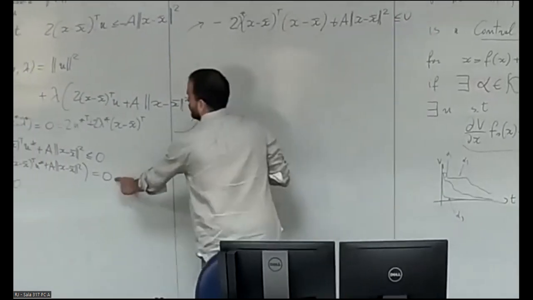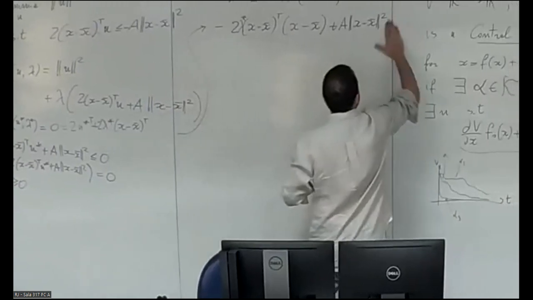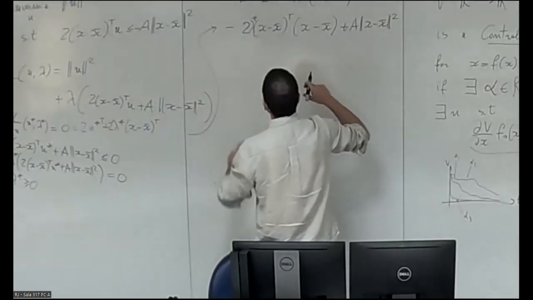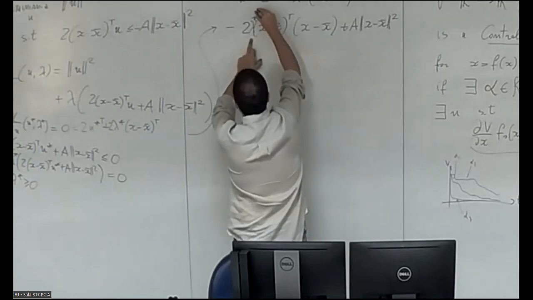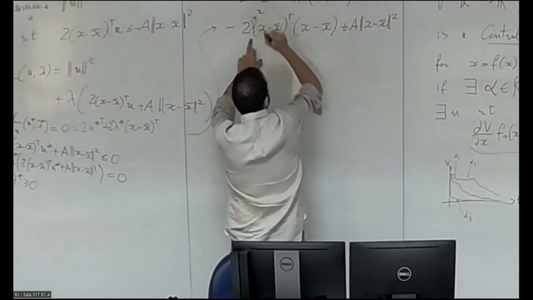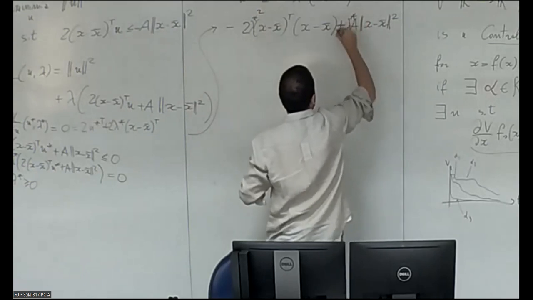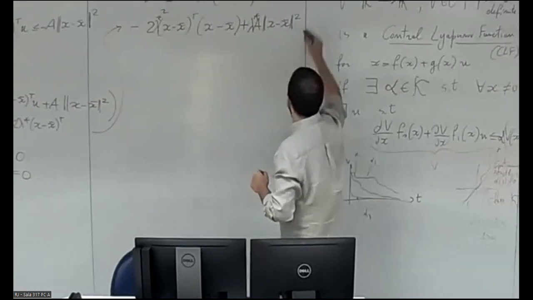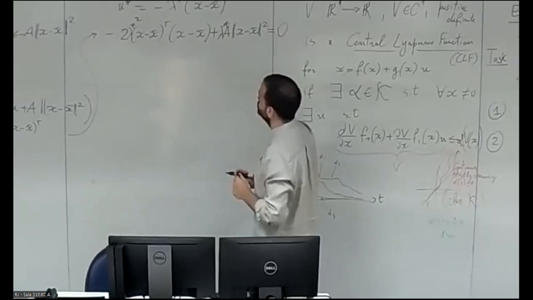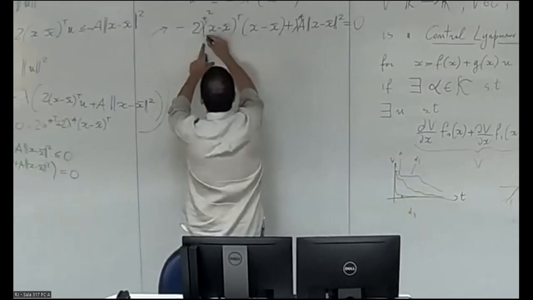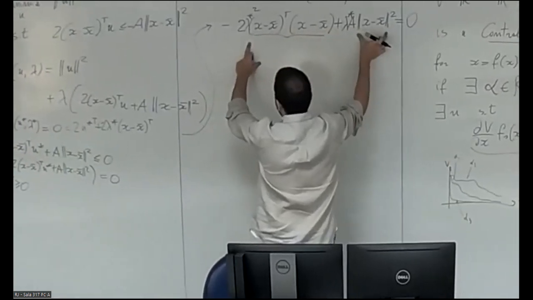Let's plug it in. It's the same thing but multiplied by lambda star, so we have a lambda star squared and a lambda star. This has to be equal to 0, and this is the norm of x minus x bar squared.